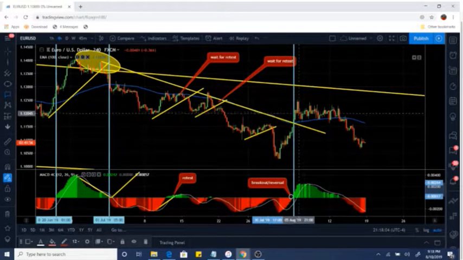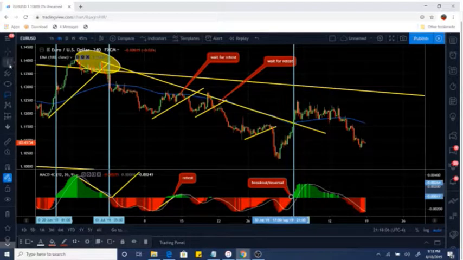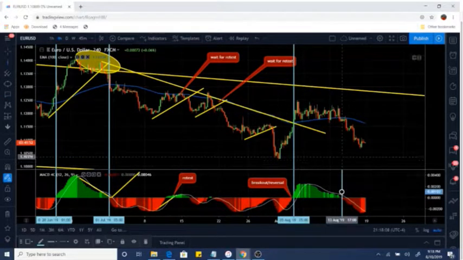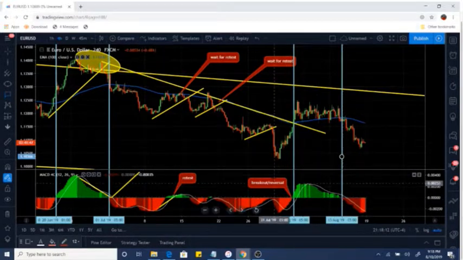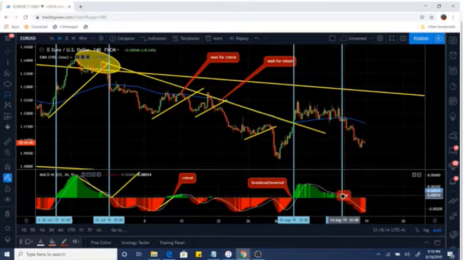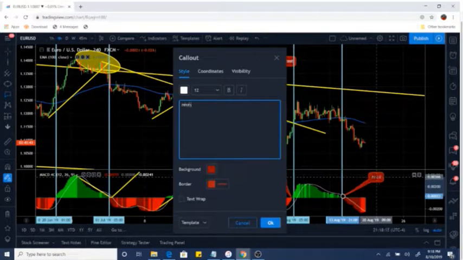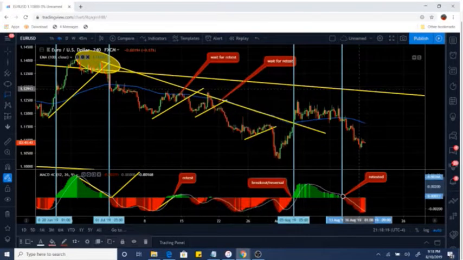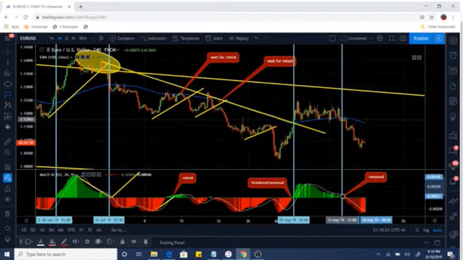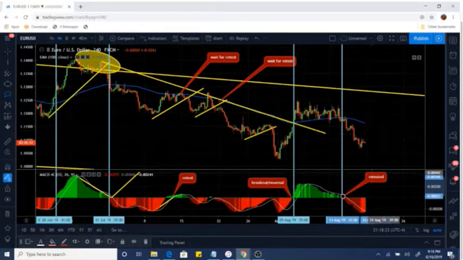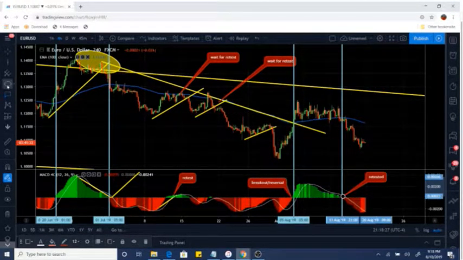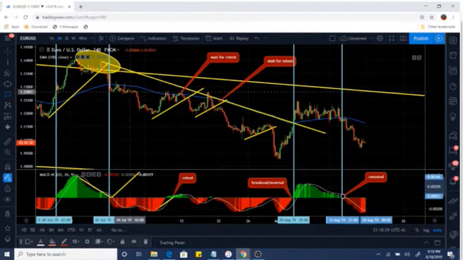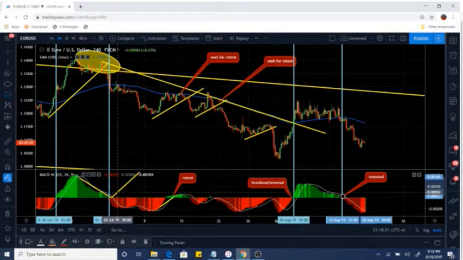But notice what happened when price got over here and retested. This is the breakout reversal. When it retested, price did not come back around to continue the uptrend. You see the difference of what happened as opposed to here, where you had the breakout.